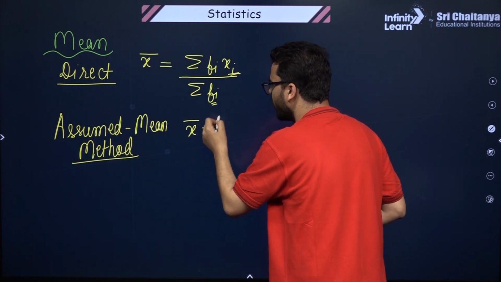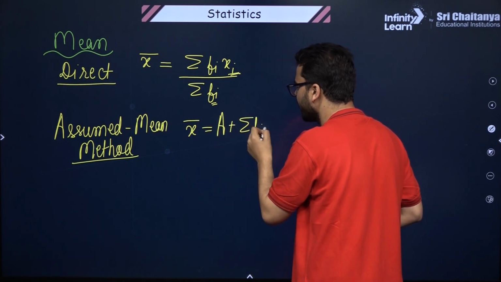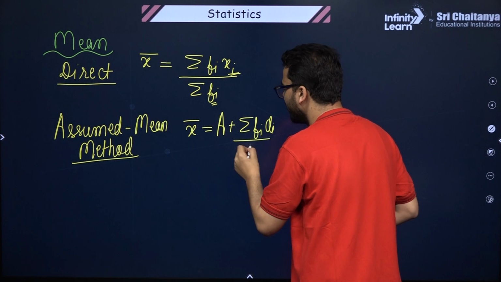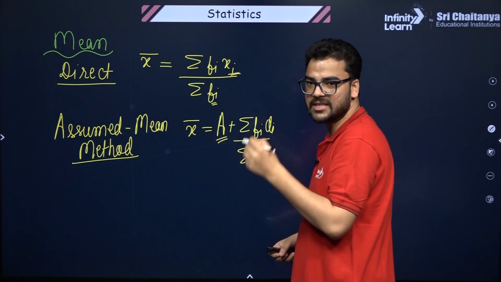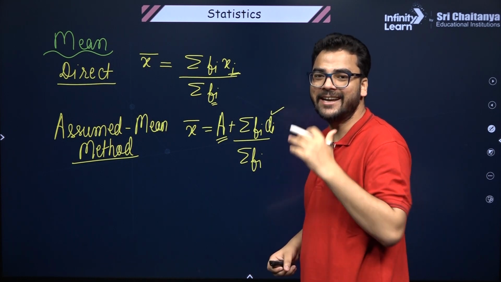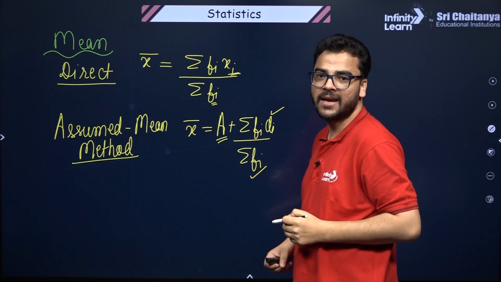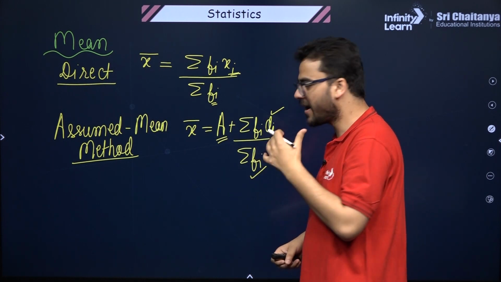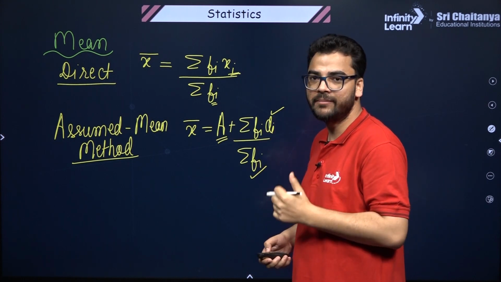X bar is equal to A plus sigma fi di upon sigma fi, where A is the assumed mean, di's are the corresponding deviations, and sigma fi, as you already know, is the sum of all the frequencies. So that's all about mean.